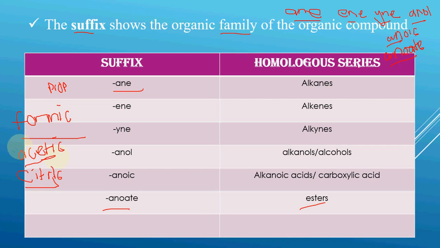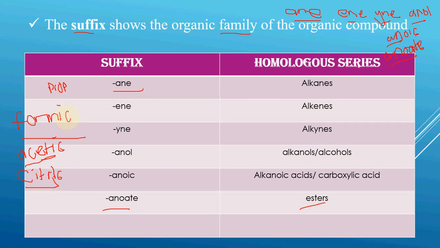Acetic acid is the acid that is found in vinegar, and this acetic acid is the acid that we know as ethanoic acid. Citric acid is the acid that we have in lemon juice. So this is the basis of my lesson.